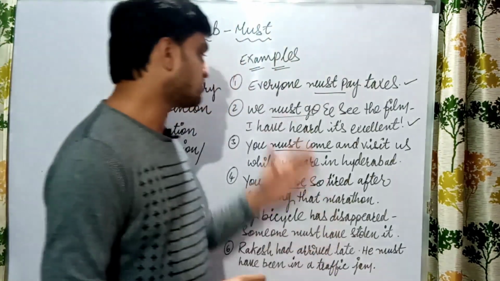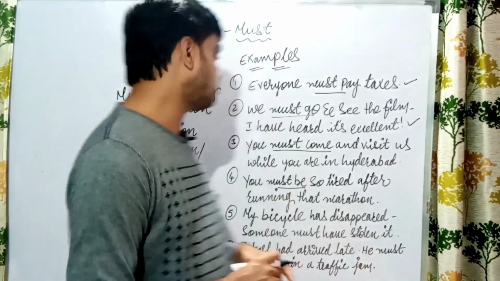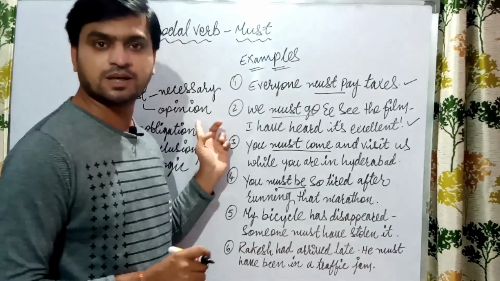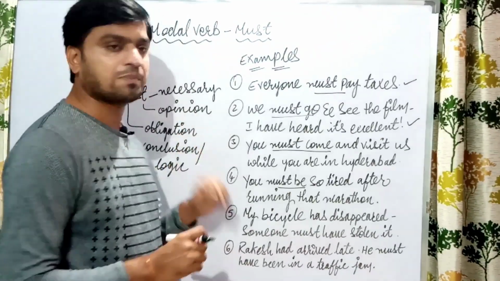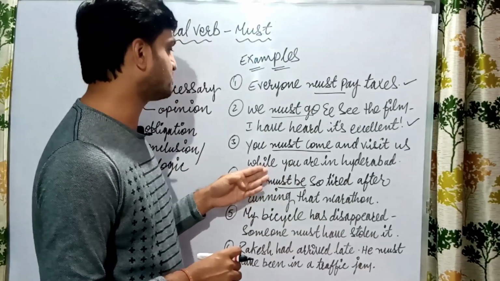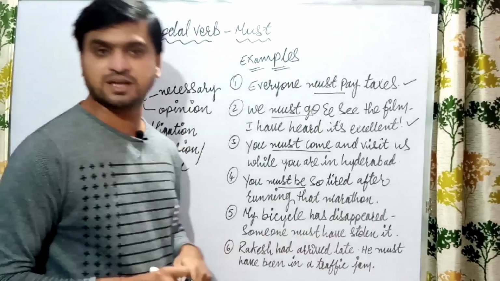So this is all about the usage of must in four different ways we have gone through. First one is necessary, second one is opinion, and third one is obligation. Up to the third one we have gone through obligations like recommendation, responsibilities, and all.